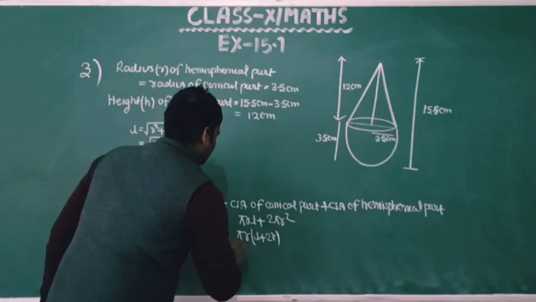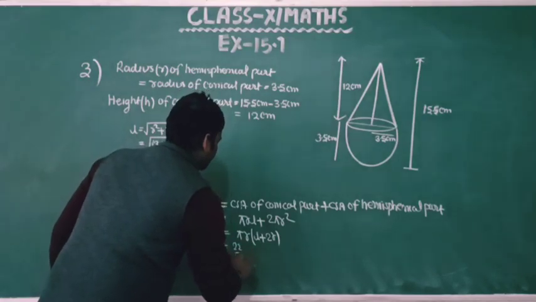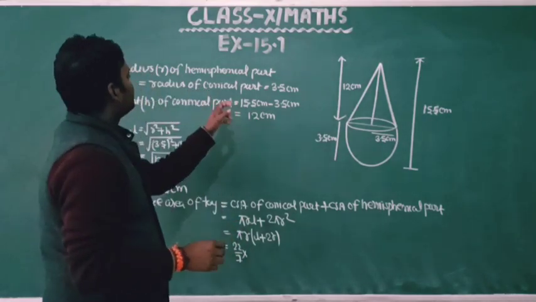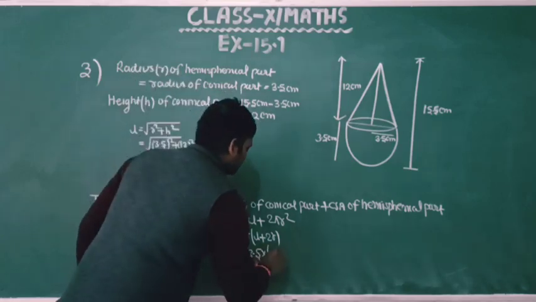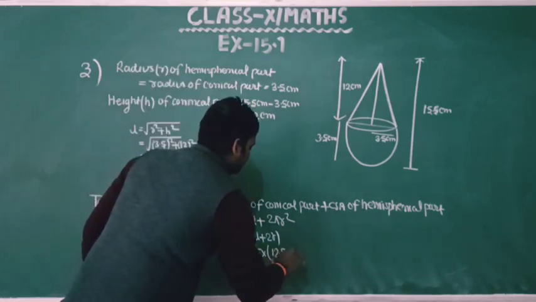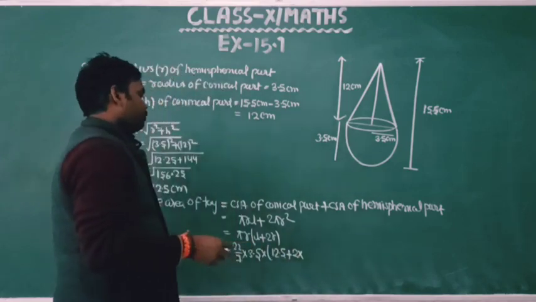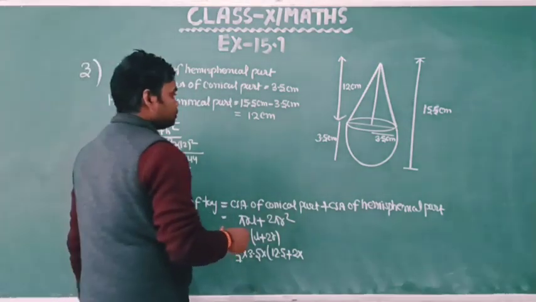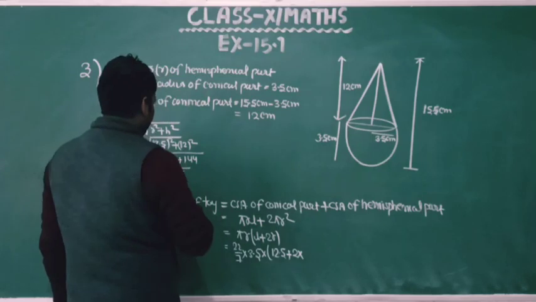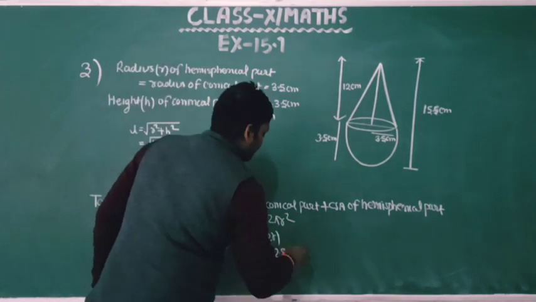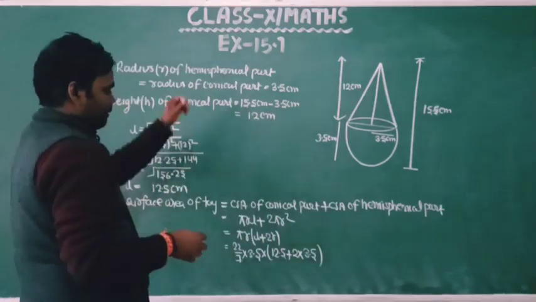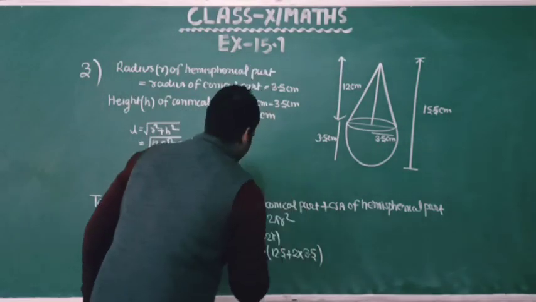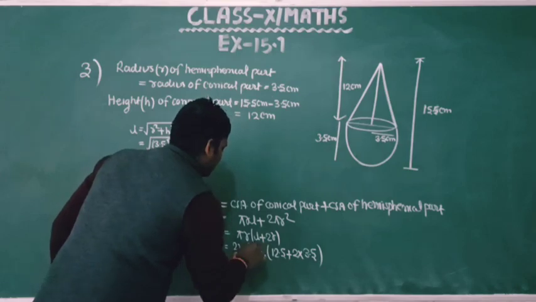The value of pi is 22/7 and radius is 3.5 centimeter, and l is 12.5 plus 2 into r, where r is 3.5, so this is 7. Now simplify.